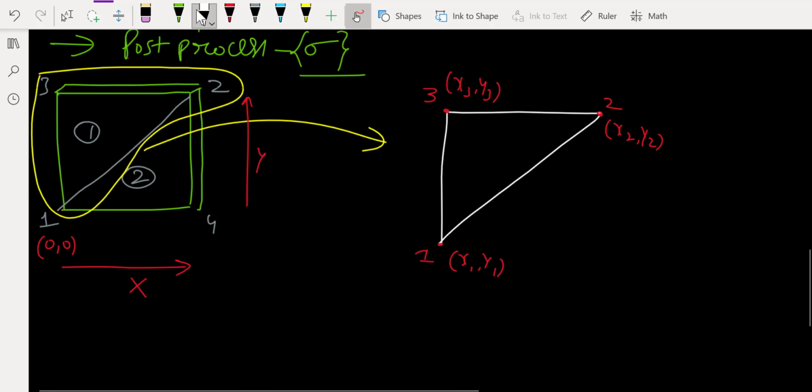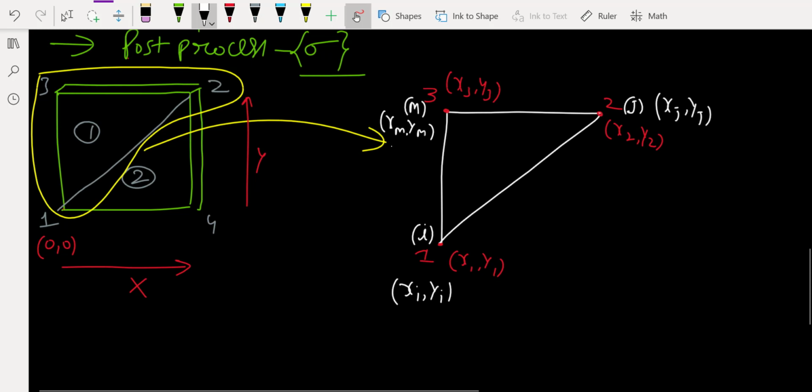For the sake of simplicity, and how books consider it, 1 can also be denoted as I, 2 can be denoted as J, and 3 can be denoted as M. So basically we are finding xi, yi, xj, yj, and xm, ym.